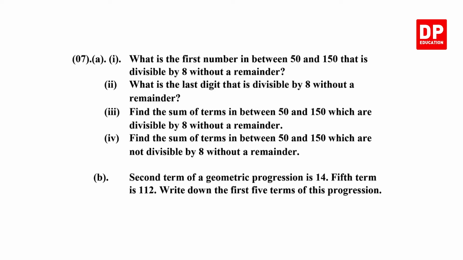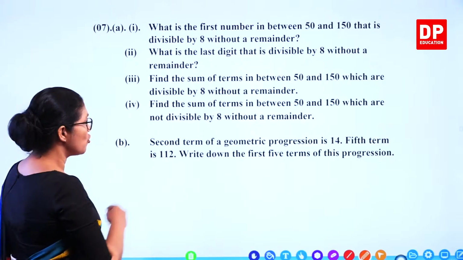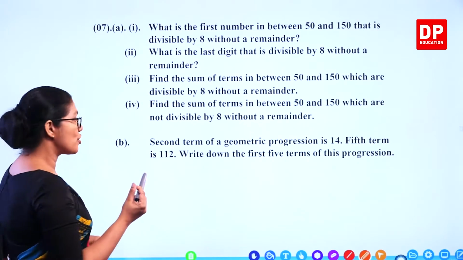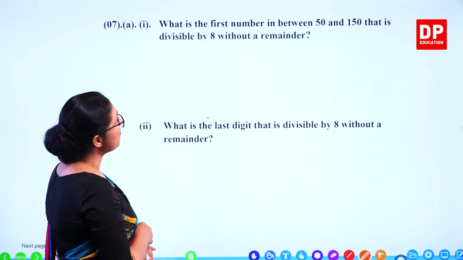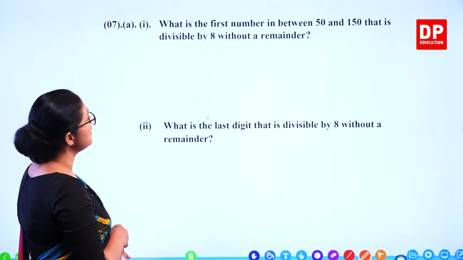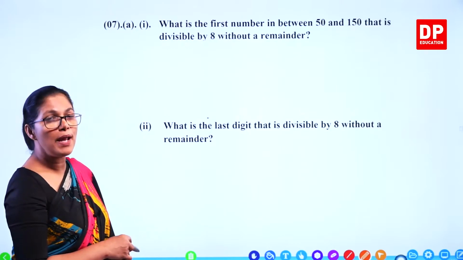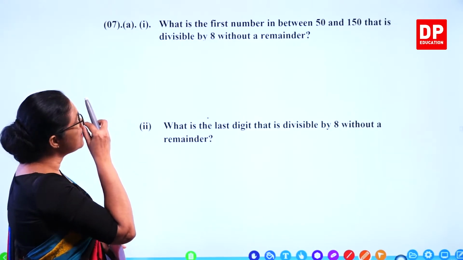Now the 7th one. This is about number patterns, geometric progressions and arithmetic progressions. What is the first number in between 50 and 150 that is divisible by 8 without a remainder? So how can you find it easily?